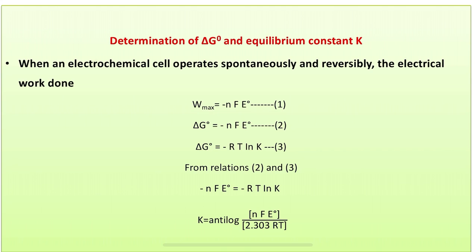Suppose I have to determine the equilibrium constant, then I retain K on the left hand side, so K is equal to anti-log of NF E naught divided by 2.303 RT. Hence the value of K is obtained from E.M.F measurements.